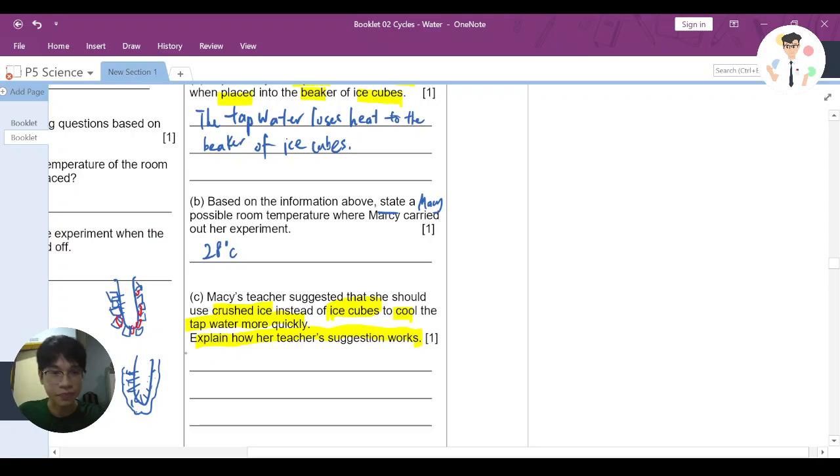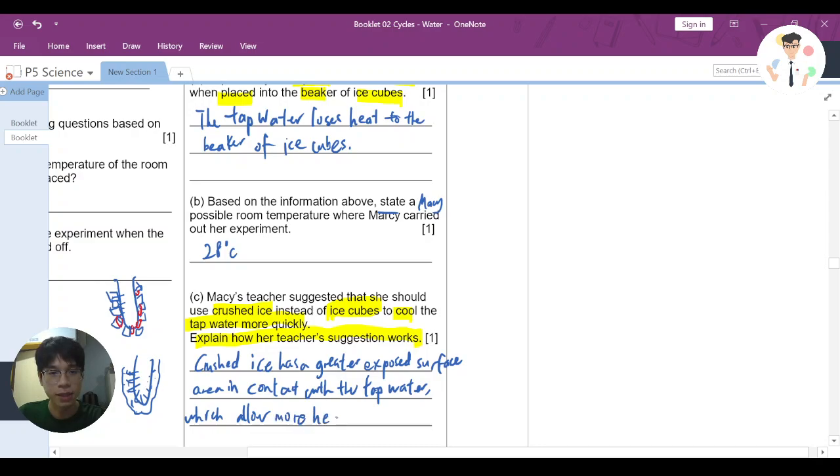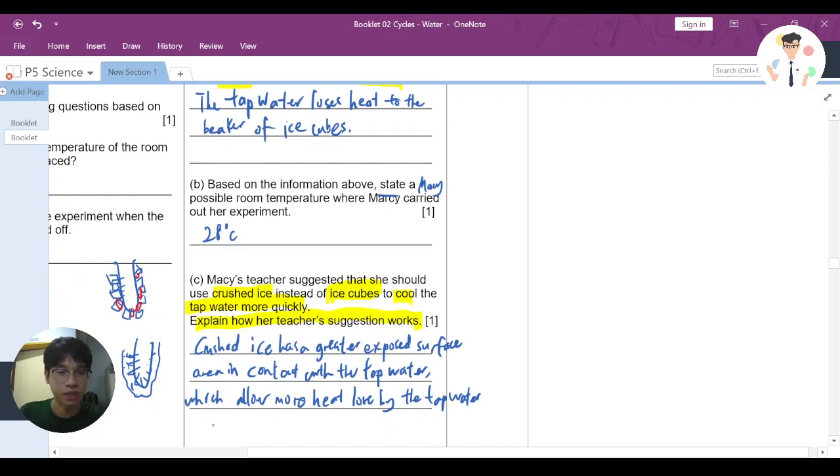So basically, that explains that this is because crushed ice has a greater exposed surface area in contact with the tap water, which allows more heat loss by the tap water to the ice.